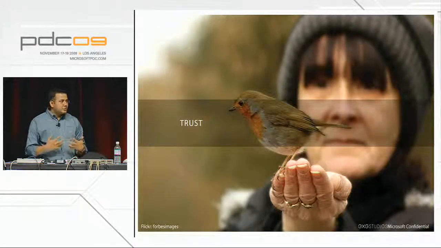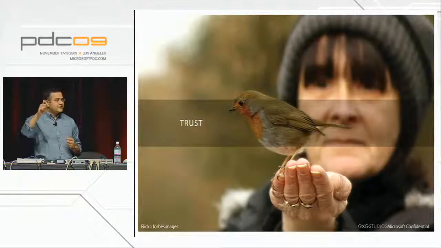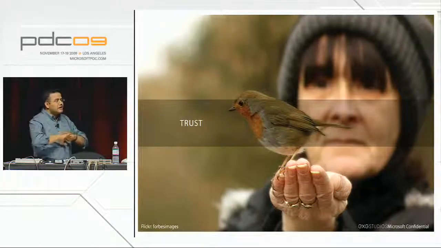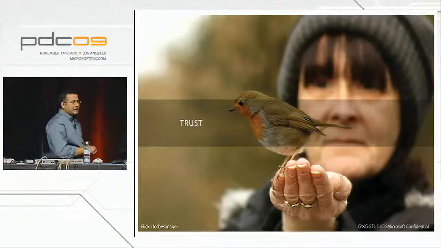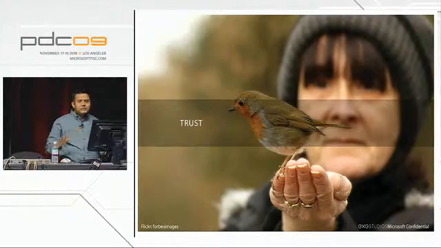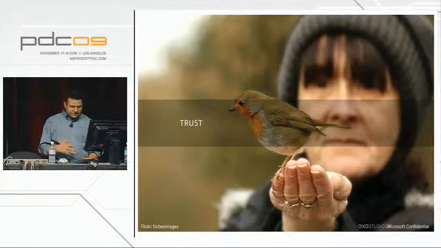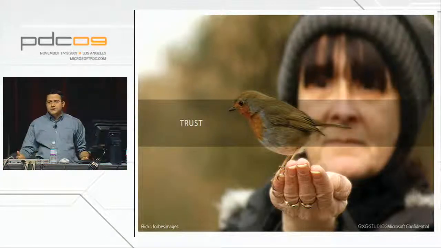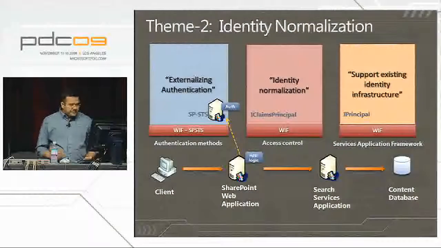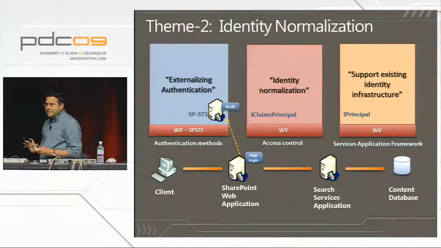But today with SharePoint 2010, it trusts the SharePoint STS and externalizes all the authentication. The application worries only about claims, and it performs the necessary access control and other checks based on claims. Okay, so that's theme number one.